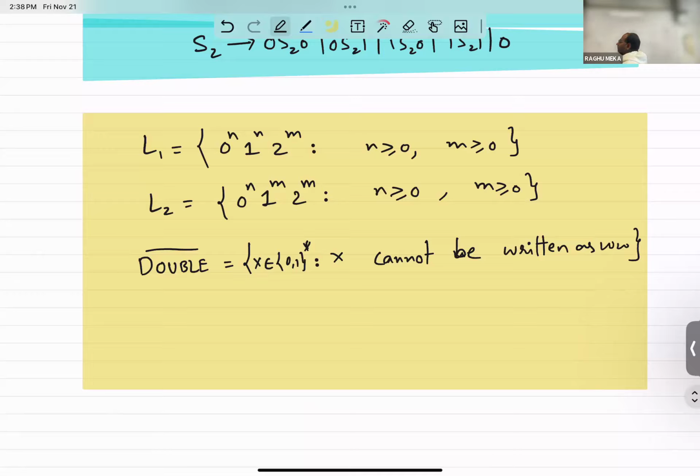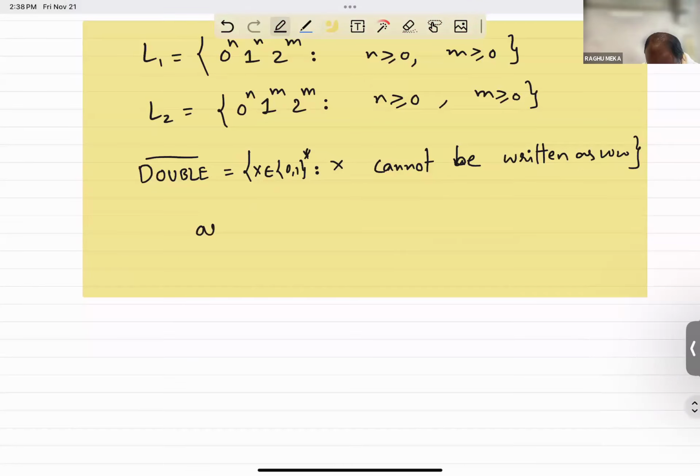Okay, good. So these are all context free, meaning they can be generated by context free rules.